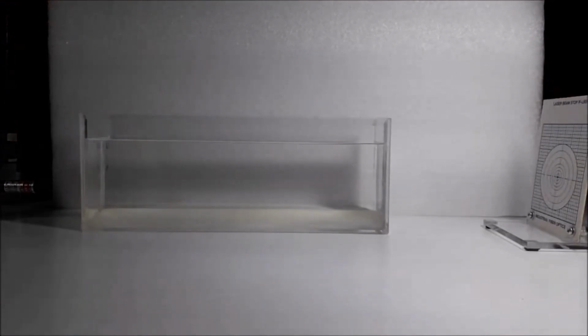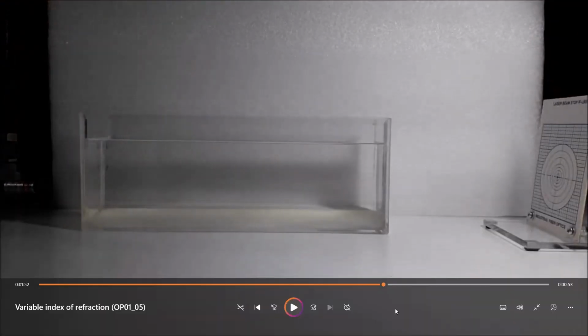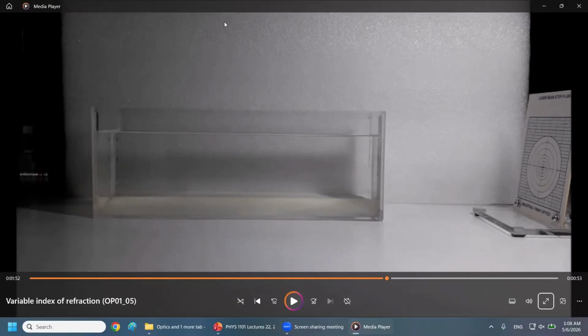What happens is that the solution will be even denser at the bottom of this tank. Which means that we will have a larger n down here, and we have a smaller n on top.